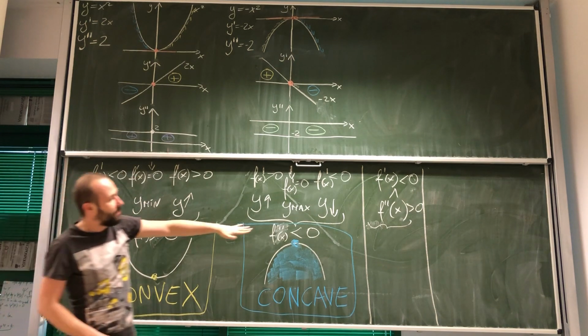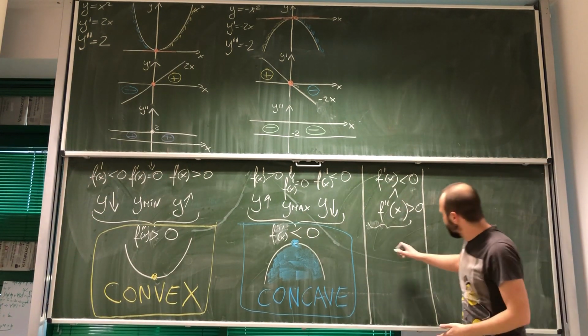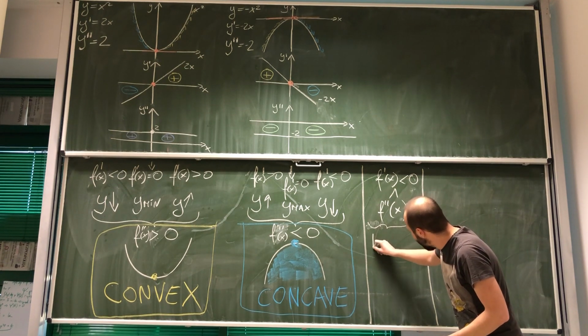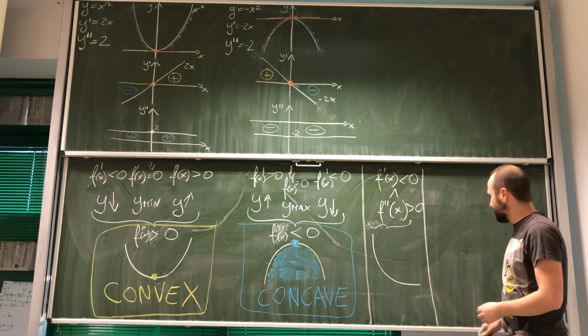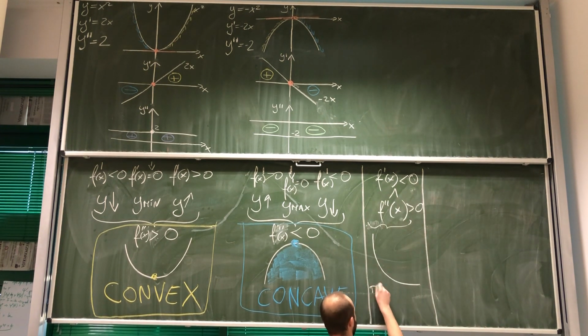So every time when we will have the combination of these two, the shape we're going to get is this, and we're going to call it decreasing convex, I'm sorry.